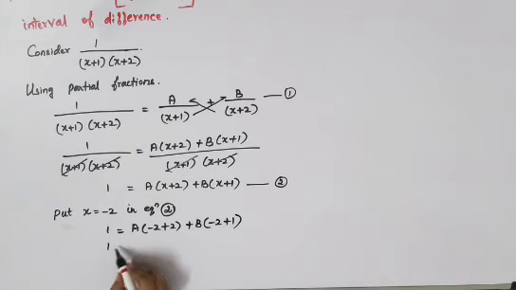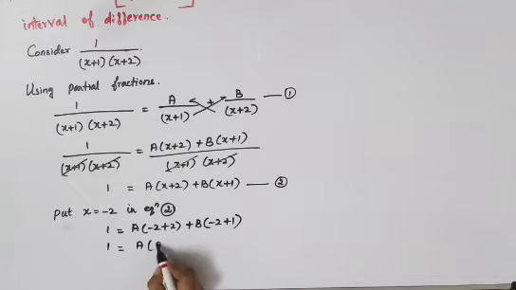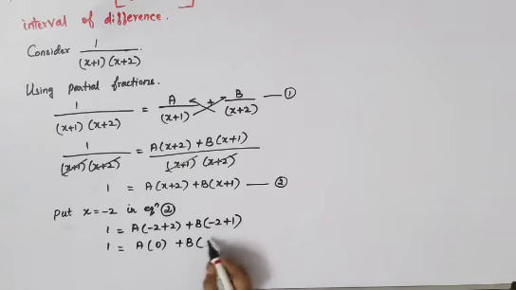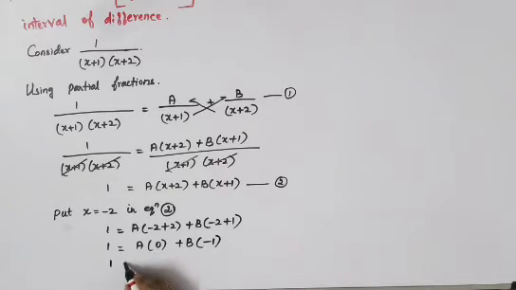Now solving, 1 is equal to a into minus 2 plus 2 will become 0, plus b into minus 2 plus 1 will become minus 1. So 1 is equal to, this part will become 0, so you'll have minus b. That implies b is equal to minus 1.